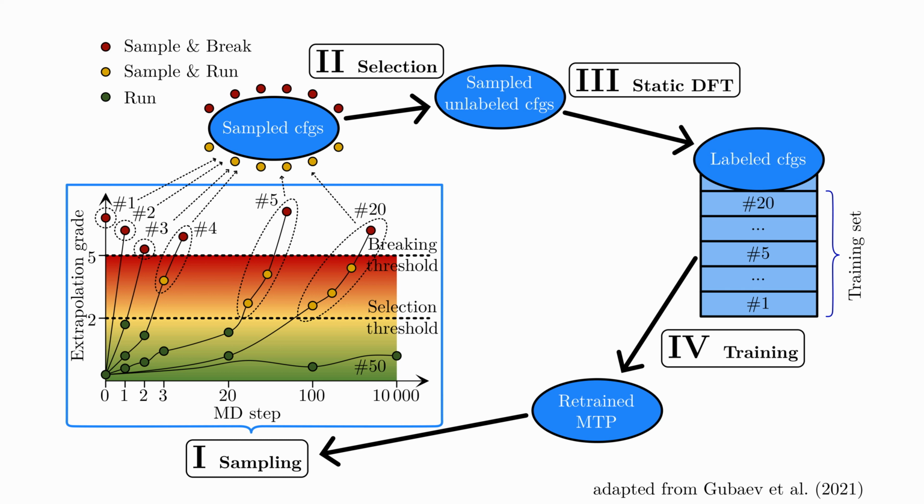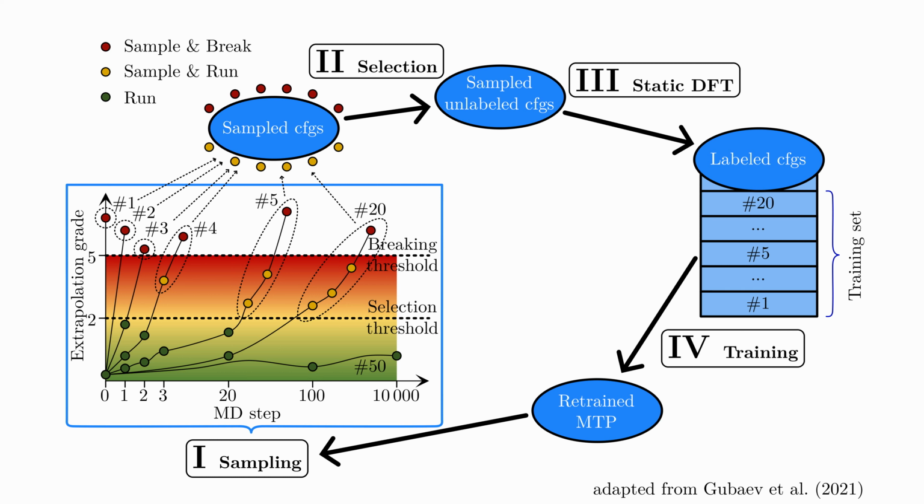If gamma falls between the selection and a breaking threshold of about 5, the red zone, the configuration will still be described reliably, but would improve the quality of the MTP if it was added to the training set. Lastly, if gamma is larger than the breaking threshold, the extrapolation is unreliable.